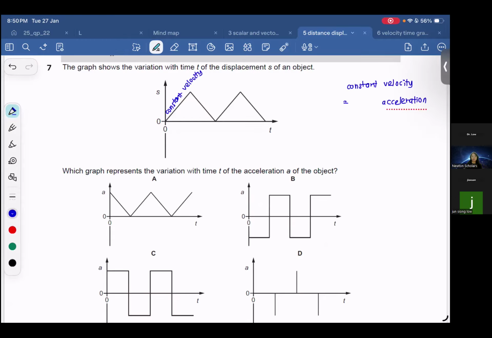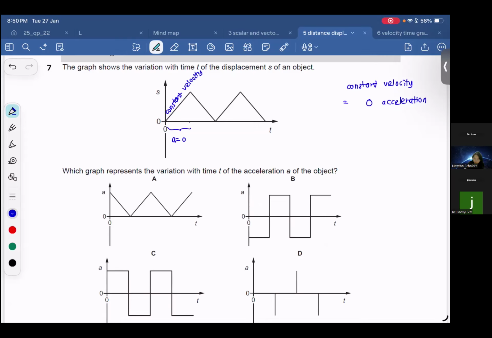Zero. Yes, zero acceleration. It's constant velocity, no acceleration. So here, there is no acceleration. That means for this part, from here to here, your a should be 0.